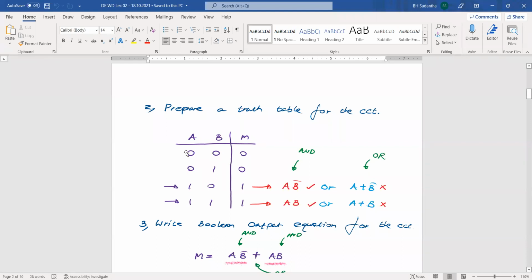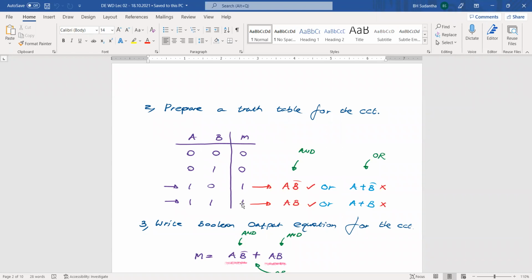Here, A is 0, B is 0, because of that, M is 0. The output value totally depends on present input values. When these are 1, 1, then the output will be 1.